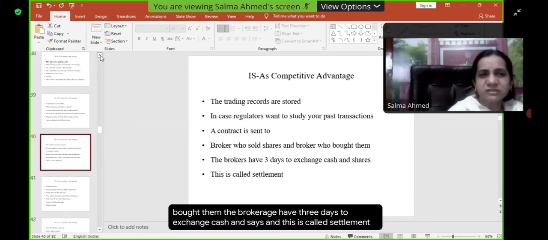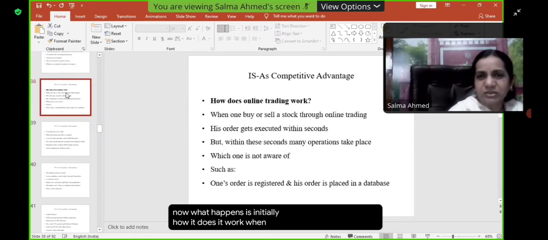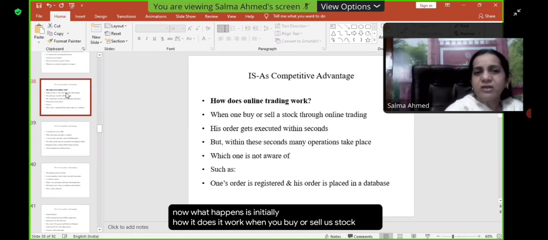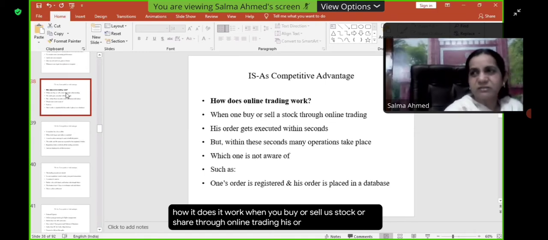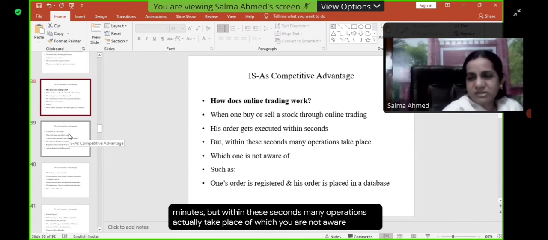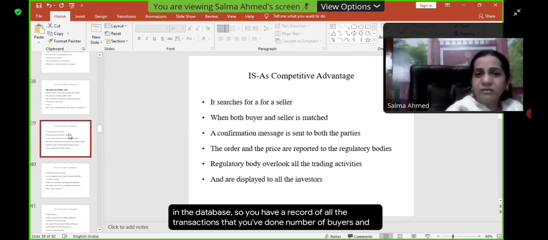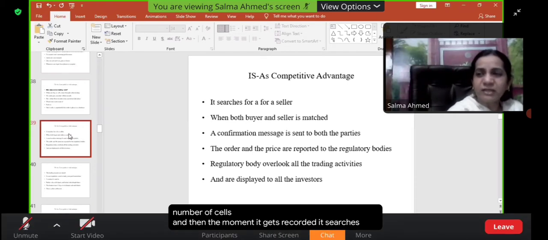Now, how does it work initially? When you buy or sell a share through online trading, your orders get executed within seconds, but within these seconds many operations take place of which you're not aware. Once the order is registered, it gets placed in the database, so you have a record of all the transactions you've done, the number of buys and sells. Then it searches for a seller to match the buyer with the seller.